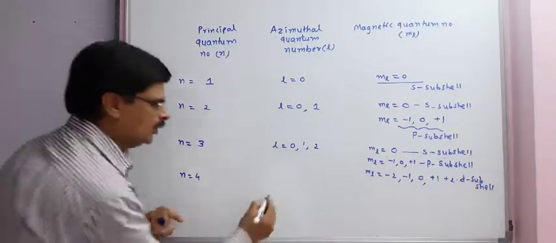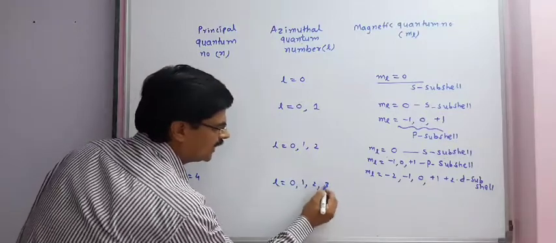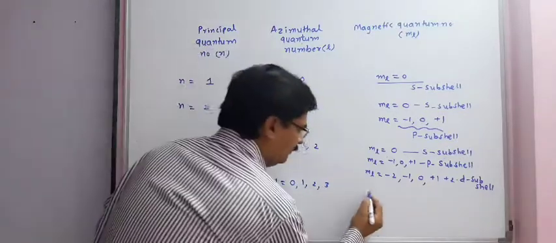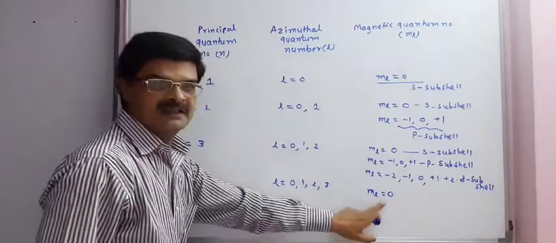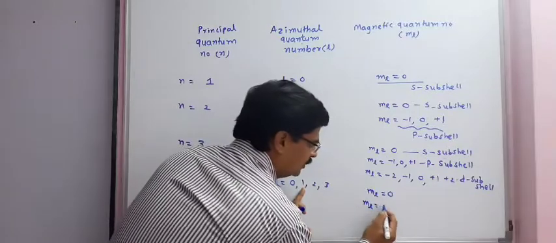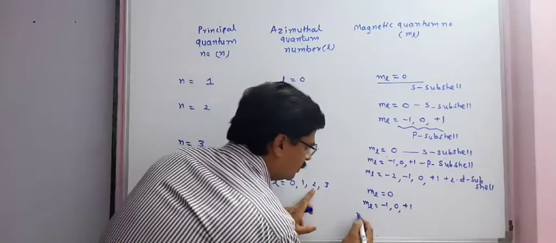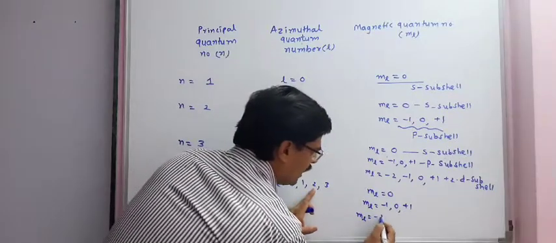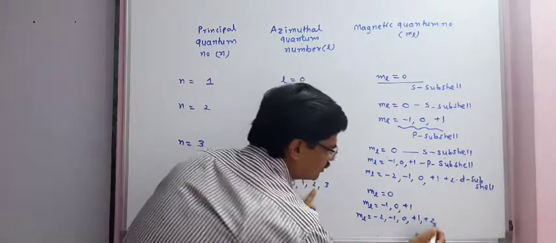Now n is equal to 4. Values of L are 0, 1, 2 and 3. So for L equal to 0, ml is equal to 0. If L is 1, then ml is equal to -1, 0, +1. For 2, ml is equal to -2, -1, 0, +1, +2.